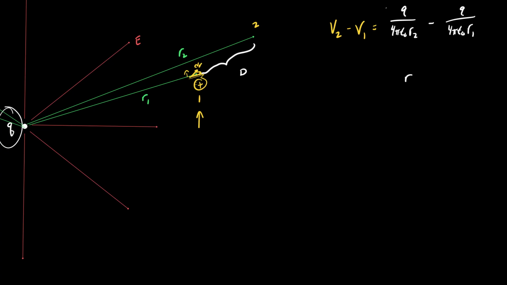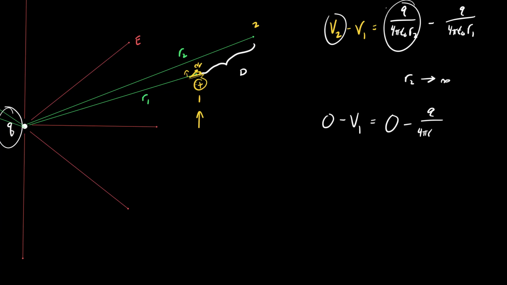What if we let R2 go to infinity? Infinitely far away means no influence from the central particle, right? I would imagine that voltage at that level would be 0 because this component would be 0. Does that make sense? So I'd have 0 minus V1 equals 0 minus Q over 4 pi epsilon naught R1.